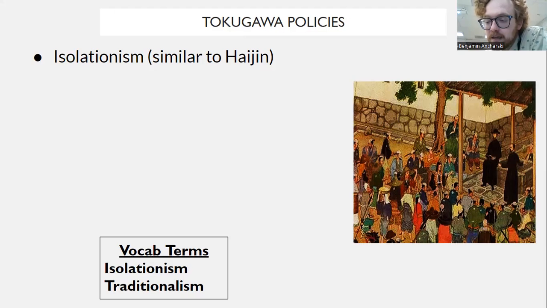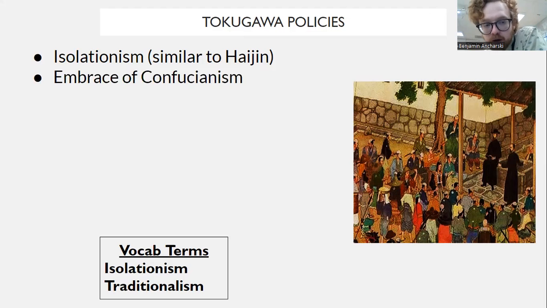It is similar to the Ming Dynasty in many ways. Remember, the Ming Dynasty had this cultural idea of the Middle Kingdom, this cultural idea of haijin, of isolation, of restricting European and foreign presence in our society. And that is what is going to happen under the Tokugawa Shogunate. We are going to see under the Tokugawa Shogunate a further embrace of not only Confucian social hierarchies, but of Confucian ideas of cultural superiority, of Japanese cultural superiority to European and other foreign societies.